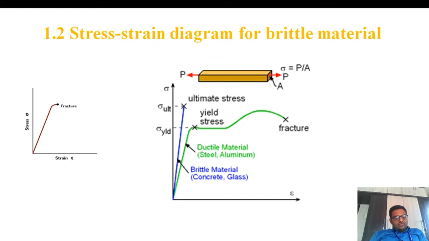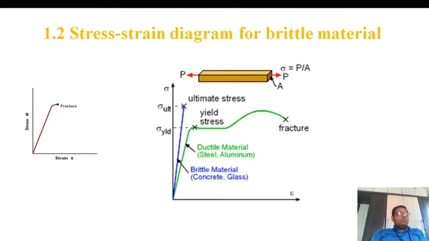In that left diagram, the diagram starts from point O, the origin, and as the load increases, the strain also increases. But at the ultimate point, that means at the fracture point, the rod suddenly fails into two pieces in the case of brittle material.